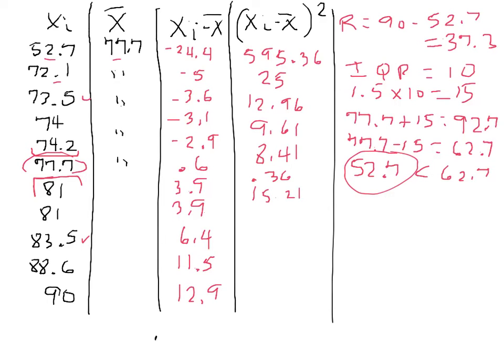Then 15.21 twice, because that's when you square 3.9. Then you get 40.96, 132.25, and finally 166.41.